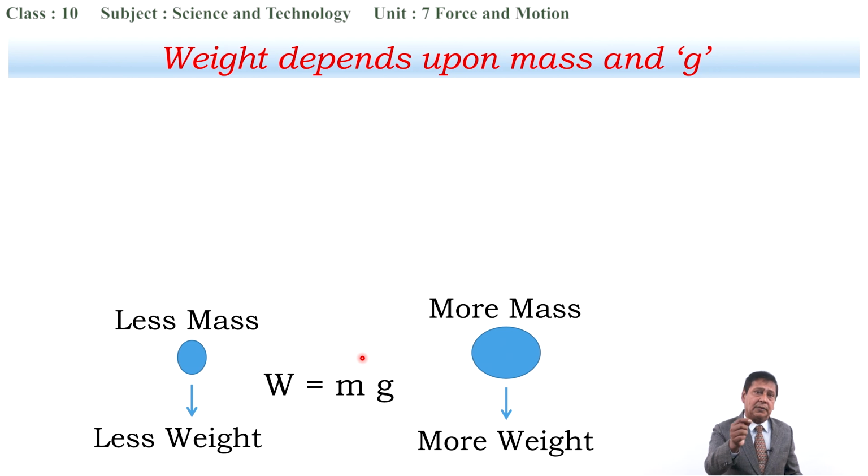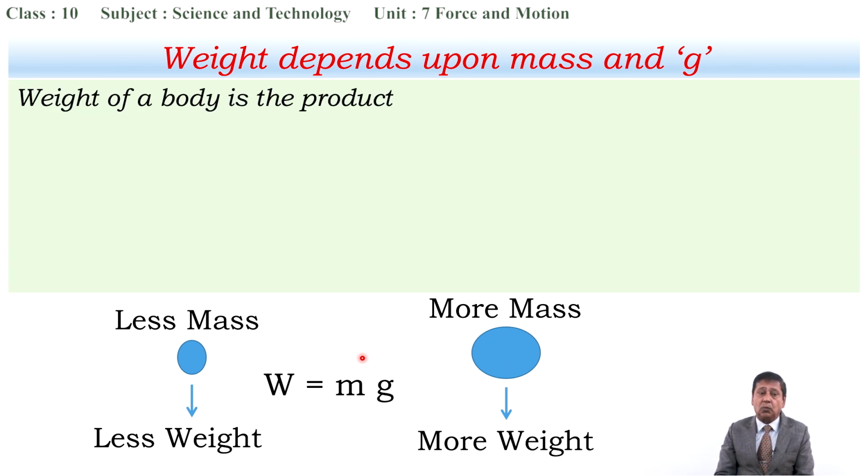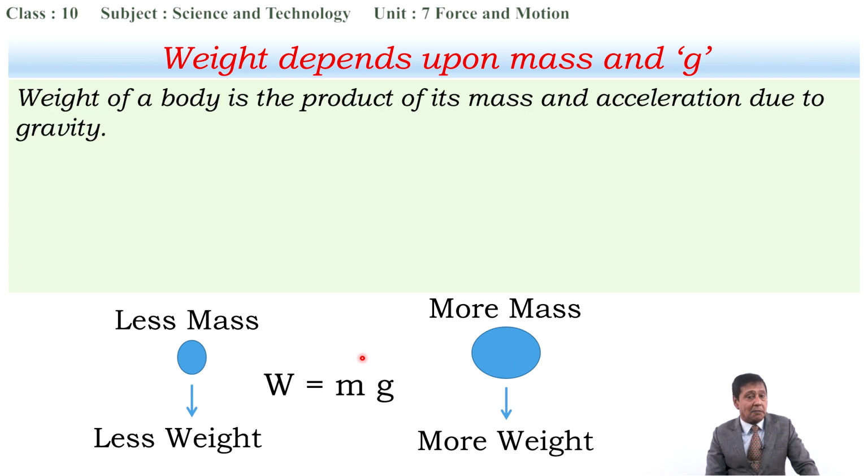Acceleration due to gravity of a certain place remains the same. Just for example, in this place, the acceleration due to gravity acting on this body and this one, or on my body, is the same. But if I go to some other place, another city, another country, then probably a little variation occurs. But at the same place, g remains the same and weight depends only on mass. We can describe it like this: the weight of a body is the product of its mass and acceleration due to gravity, symbolically W equal to mg.